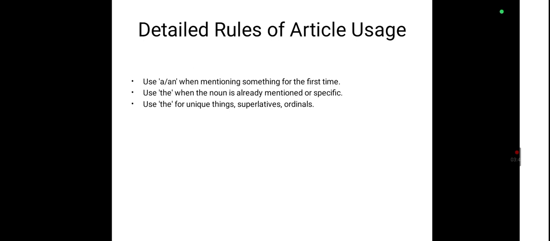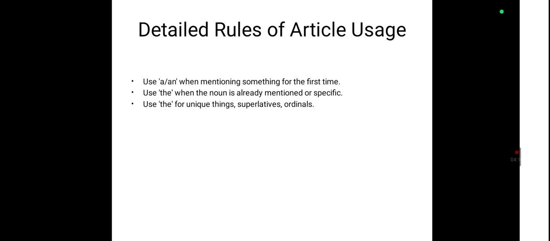And we can also use the article the before the names of oceans, rivers, mountains, and deserts. For example, the Nile River, the Alps, the Sahara, the Thar Desert, which are specific things.